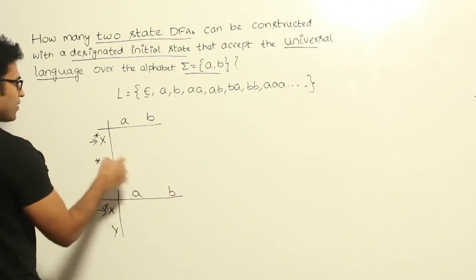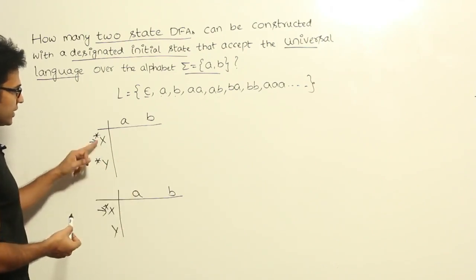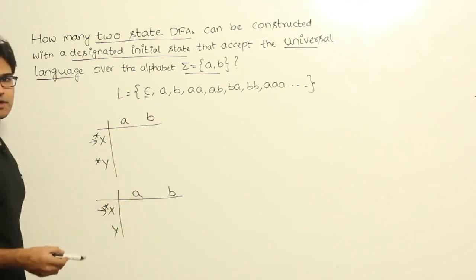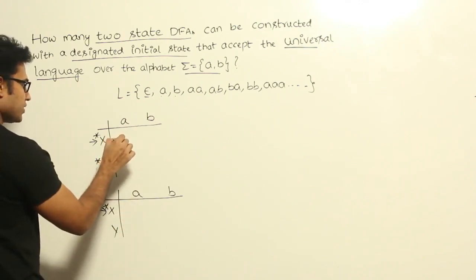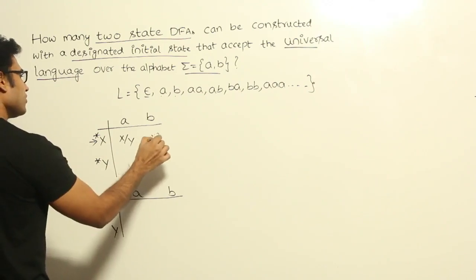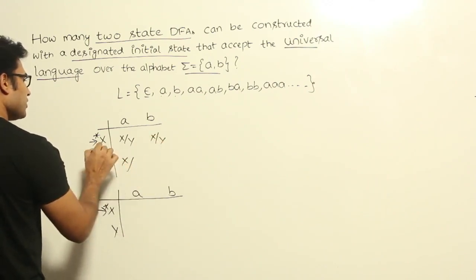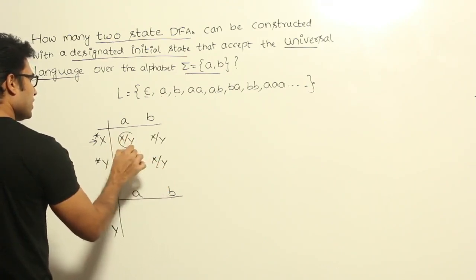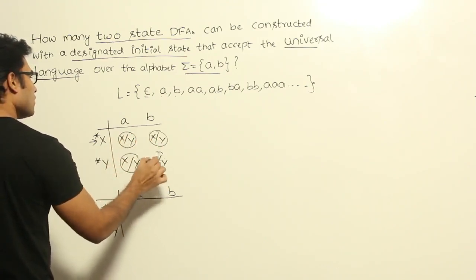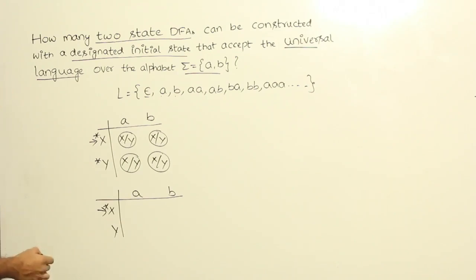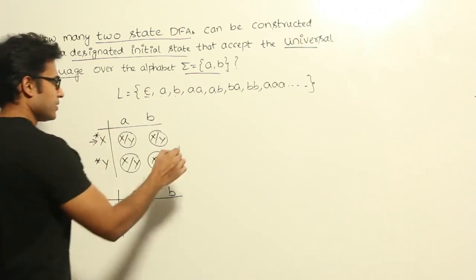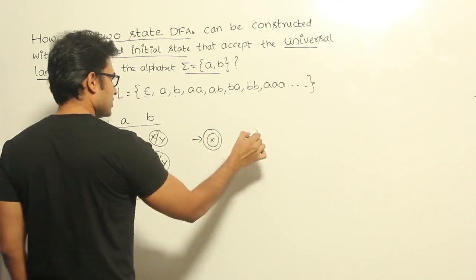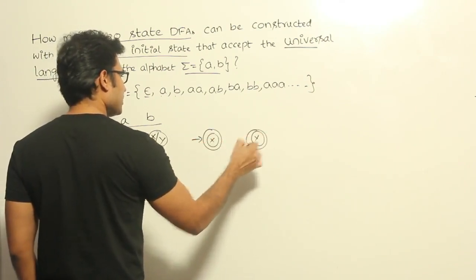Now once I have both the states as final states, irrespective of the transitions, everything will get accepted. Whichever way you put the transitions, everything will get accepted. So x is a final state and y is a final state.